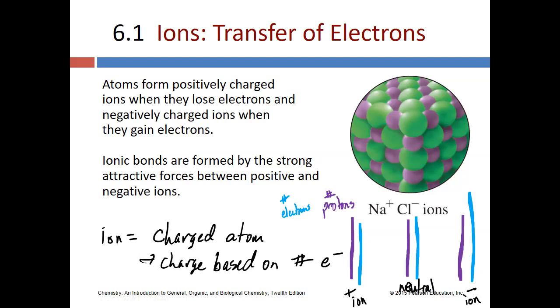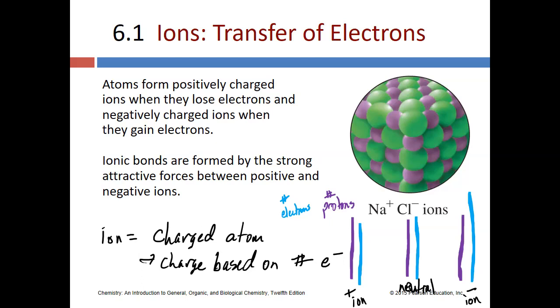Now, the thing that we want to notice is that in each of these cases, barring some minor differences, the purple bar is exactly the same in all three cases. And we've got to remember, that's always going to be the case. If I'm looking at a sample of sodium, that sodium is going to have 11 protons, regardless of how many electrons are there.